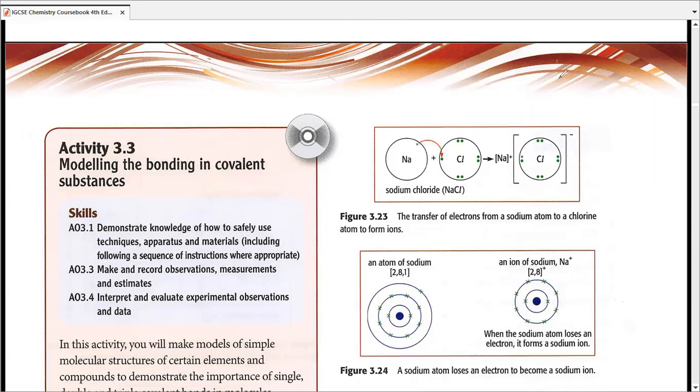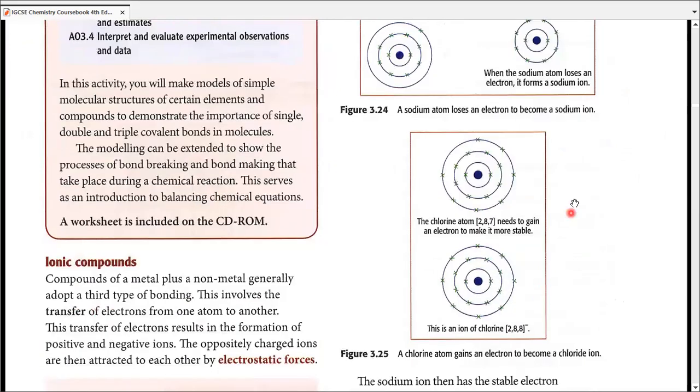So if I keep the same example and if I move forward with figure 3.25, you're going to notice that chlorine actually had the electronic configuration of 2,8,7, having a total of 17 electrons, 2 in the first shell, 8 in the second shell, and 7 electrons in the outermost shell. Now, gaining 1 electron from sodium actually helped it to be converted into chloride ion, Cl negative, having the configuration of 2,8,8, which is actually the nearest noble gas configuration.